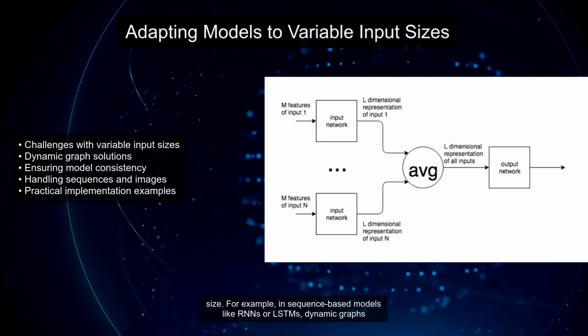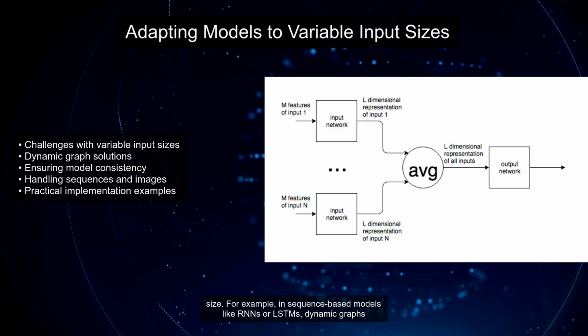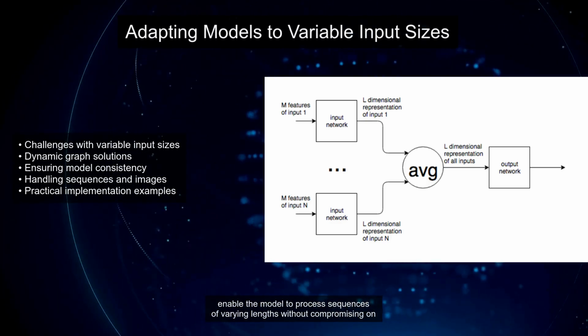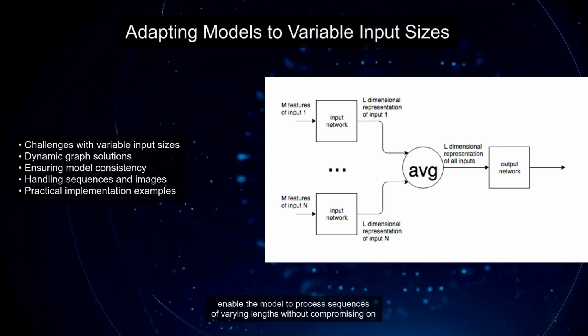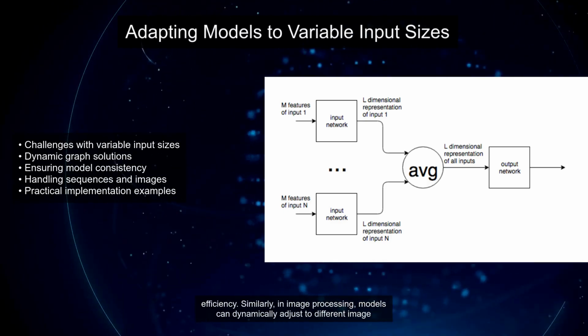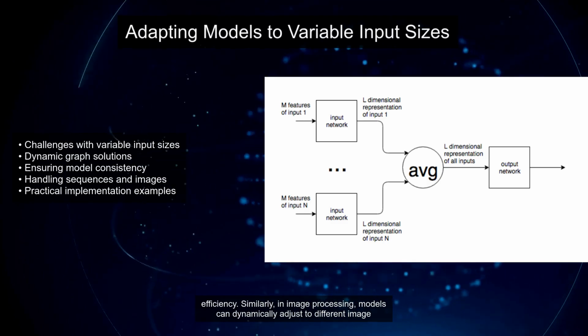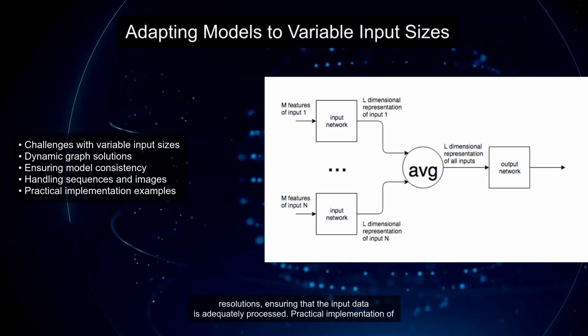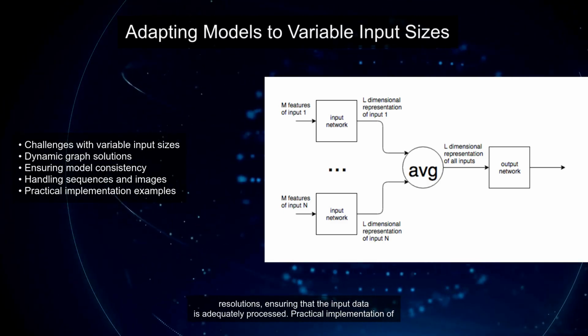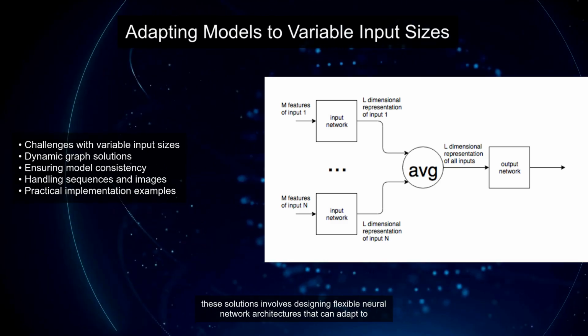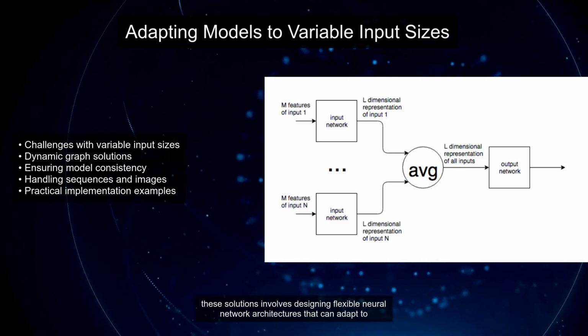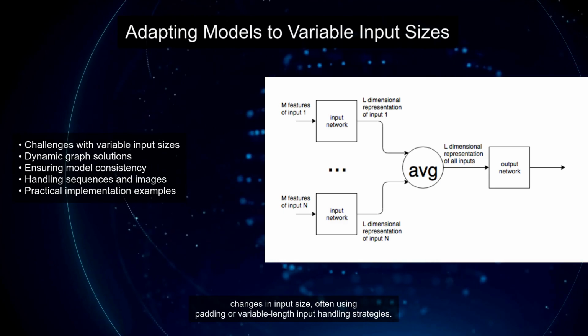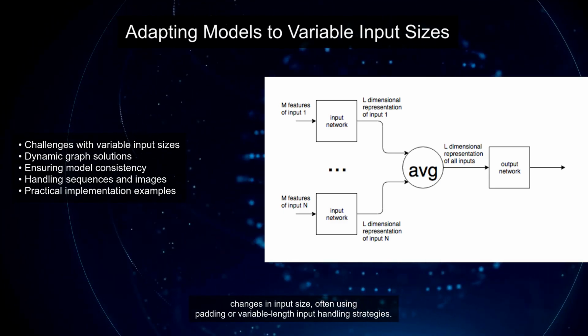For example, in sequence-based models like RNNs or LSTMs, dynamic graphs enable the model to process sequences of varying lengths without compromising on efficiency. Similarly, in image processing, models can dynamically adjust to different image resolutions, ensuring that the input data is adequately processed. Practical implementation of these solutions involves designing flexible neural network architectures that can adapt to changes in input size, often using padding or variable length input handling strategies.